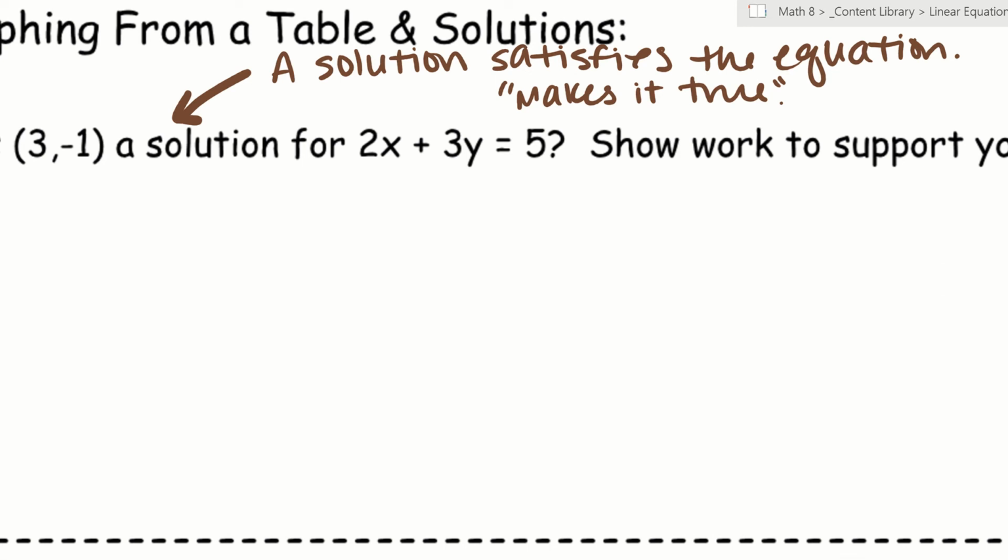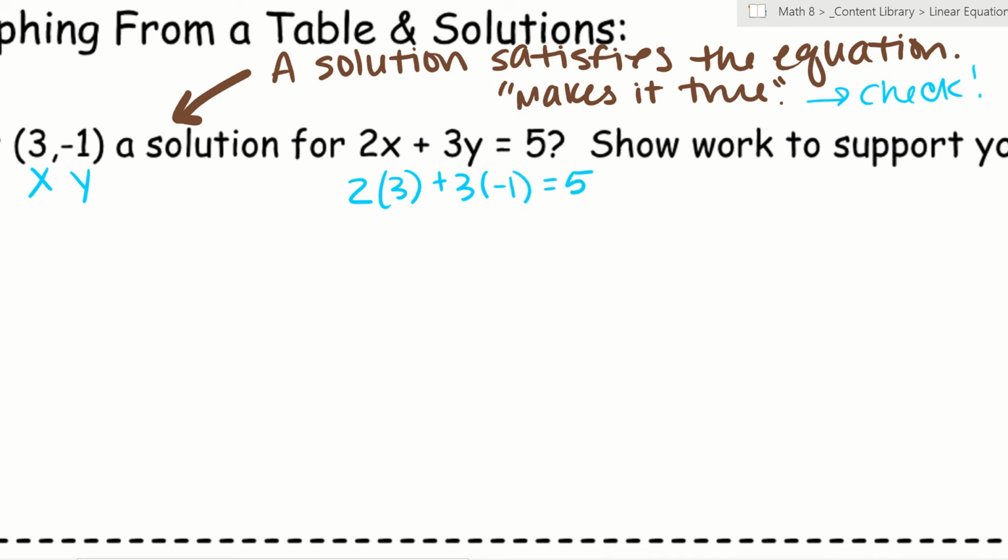So I am going to see if it makes it true. Now, if it makes it true, how do I do that? That means I have to check. So I'm going to substitute this. This is my x, this is my y, into this equation. 2 times 3 plus 3 times negative 1 equals 5. Now we're going to simplify.